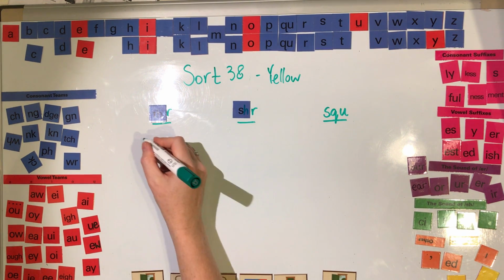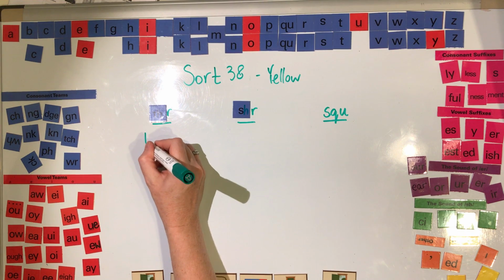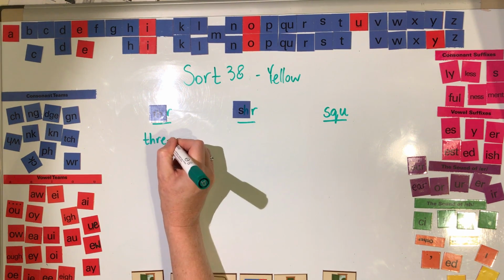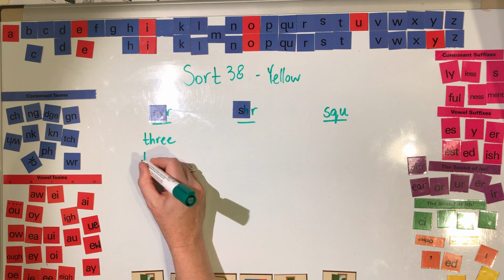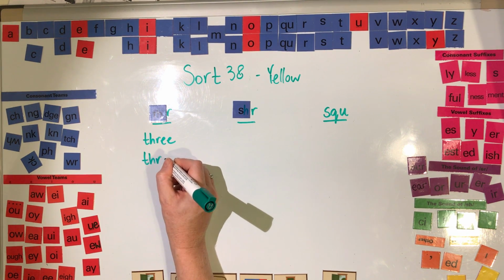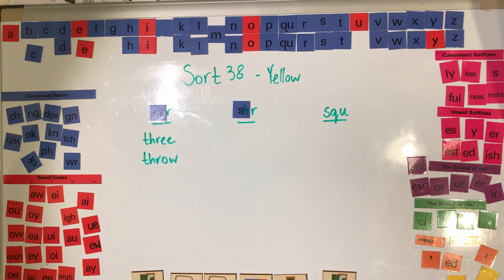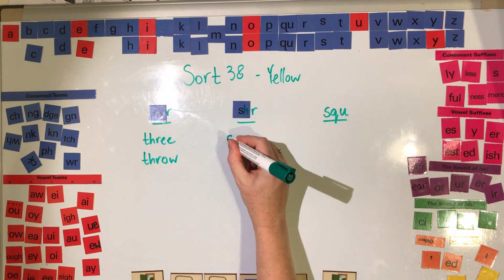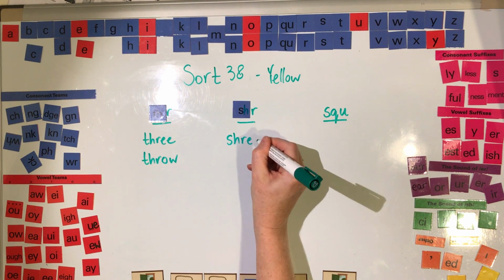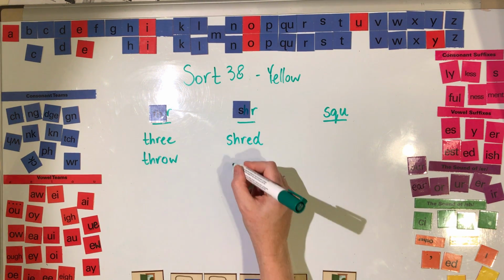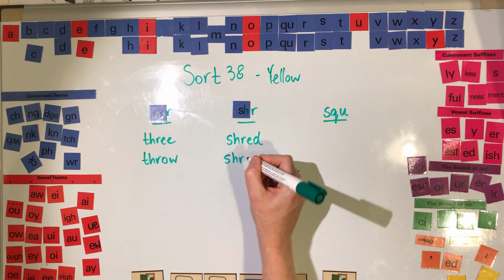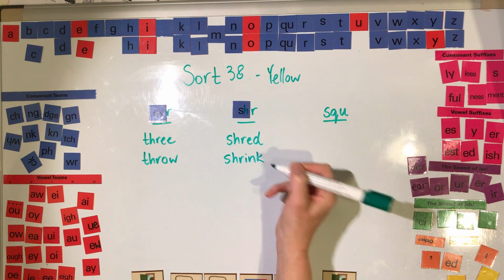So, a common word that uses the thr is three, or you could say throw. Over here you've got words like shred, or shrink. So shrink is to make something smaller.